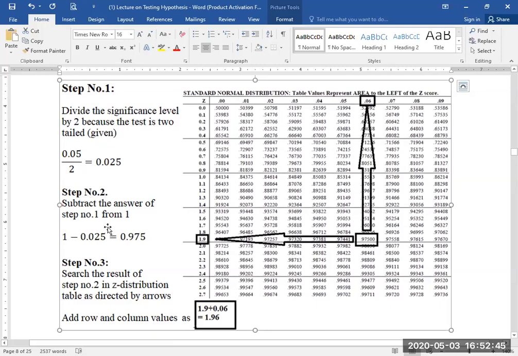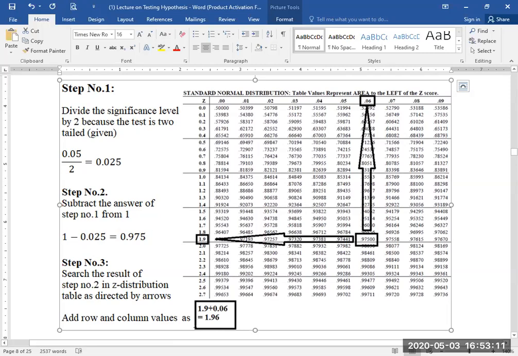Step number 2, subtract the answer of step number 1 from 1. This means we have to subtract 0.025 from 1. 1 minus 0.025 will give us 0.975. Step number 3, search the result of step number 2, which is 0.975, in the Z distribution table as directed by the arrows.